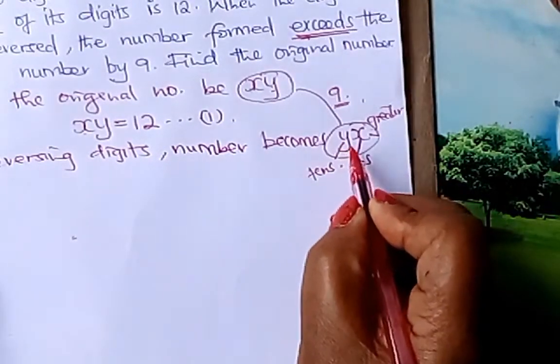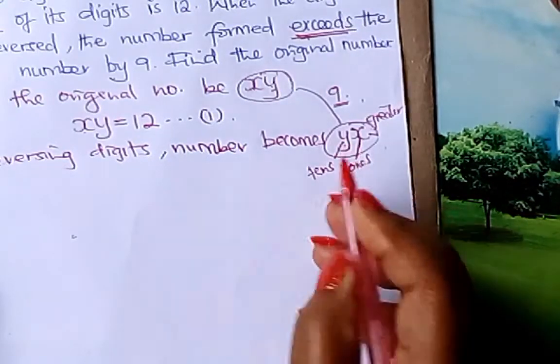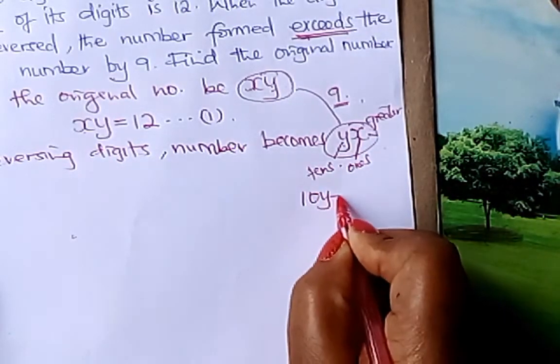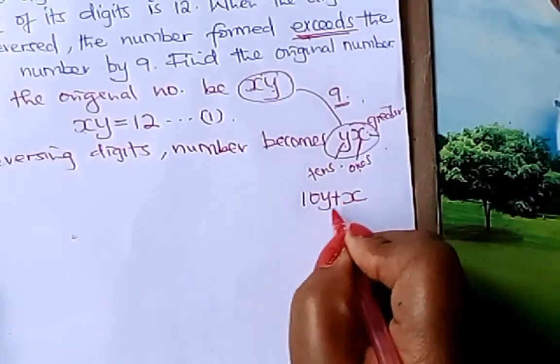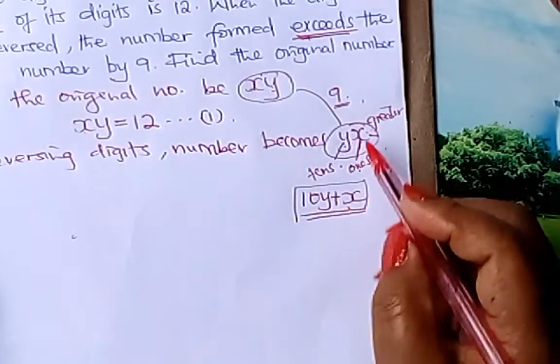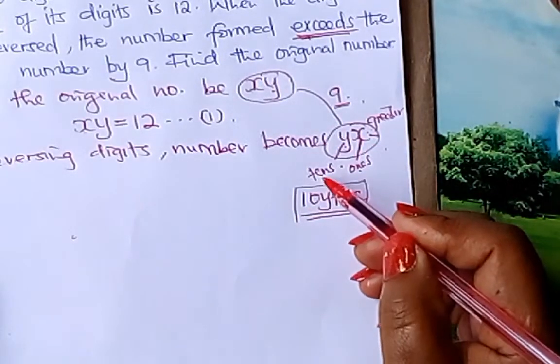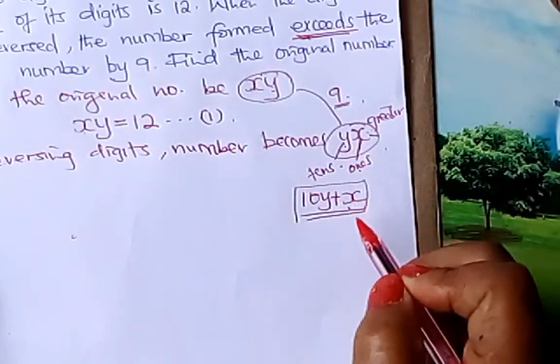So the total value will be 10 times y, which is 10y, plus 1 times x, which is x. So 10y plus x.